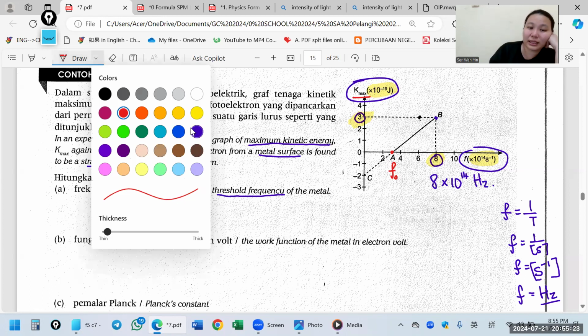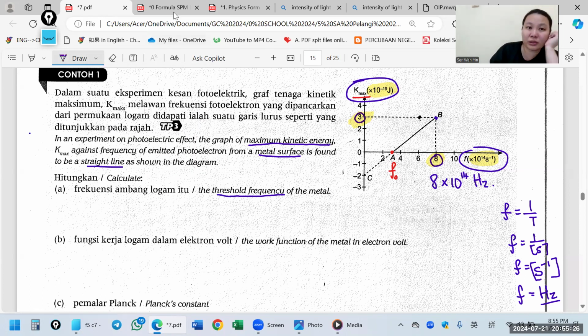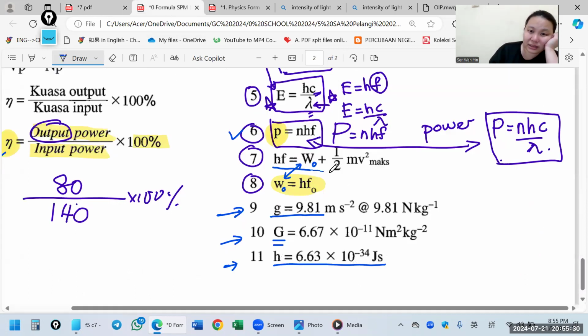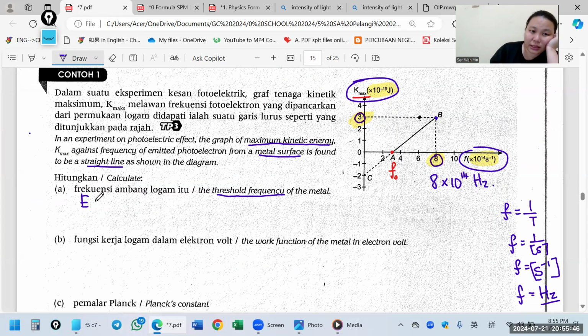Let's write the original formula. I prefer you all write E equals W plus Kmax. So E equals work function plus KE max. Then I will substitute the original formula: hf equals hf naught plus maximum KE.